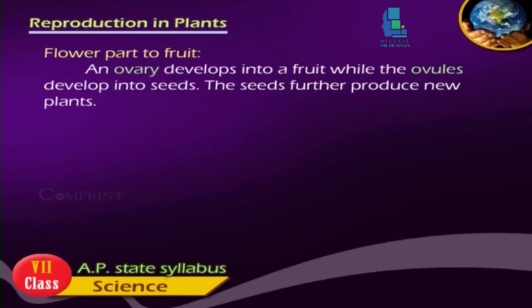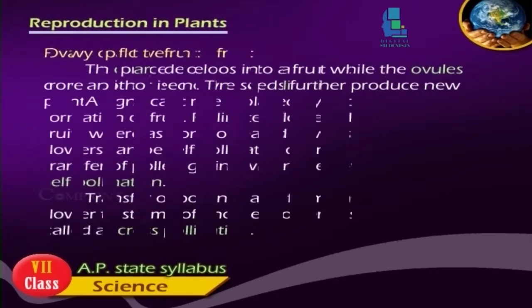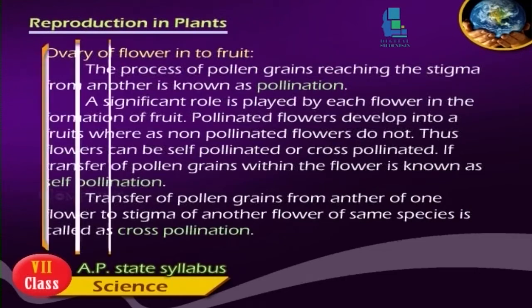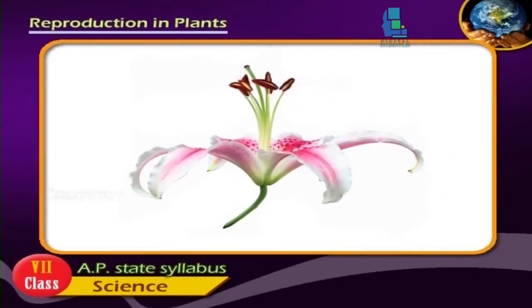Flower part to fruit. An ovary develops into a fruit while the ovules develop into seeds. The seeds further produce new plants. The process of pollen grains reaching the stigma from another is known as pollination.